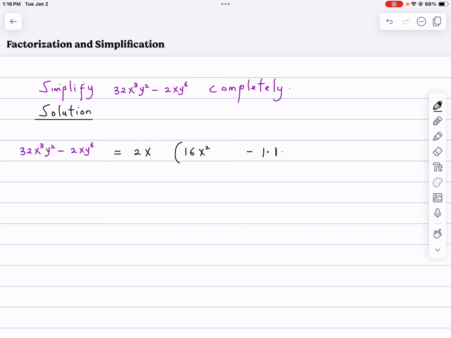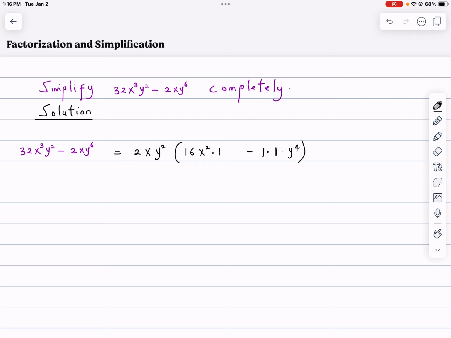Okay. And let's look at the first term again, we have y squared there, and in the second term we have y to the power of 6. So in this case, I can actually pull out a y squared. So in the first term, I'm going to be left with 1, and in the second term, I'm going to be left with y to the power of 4.